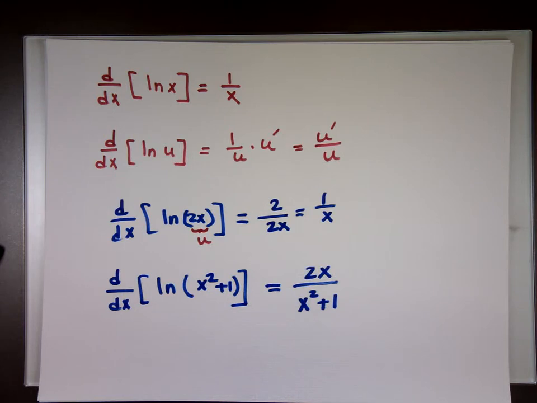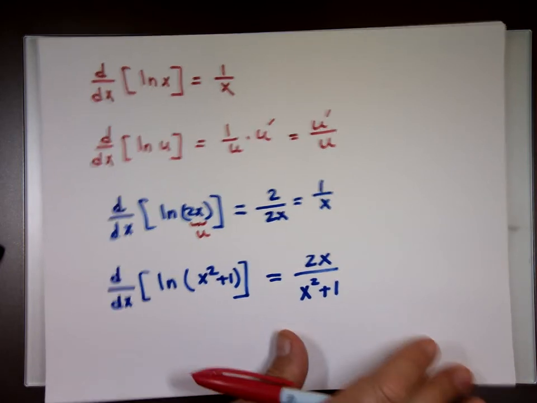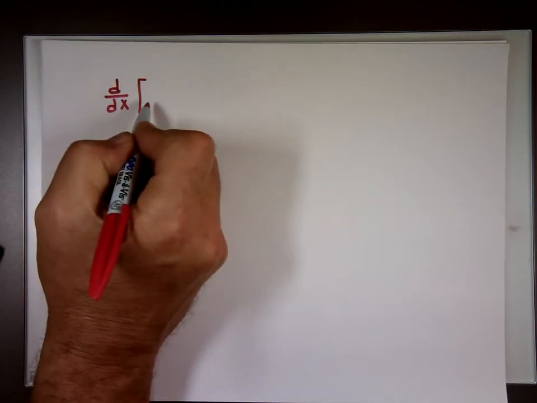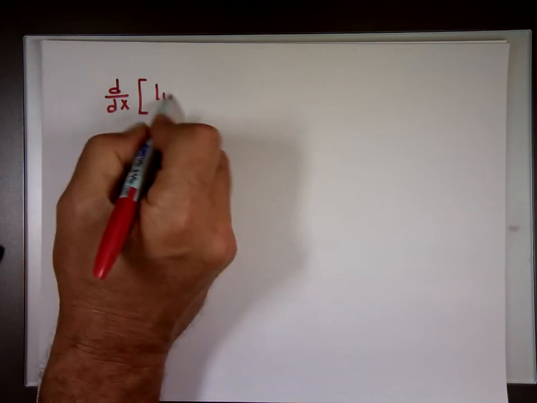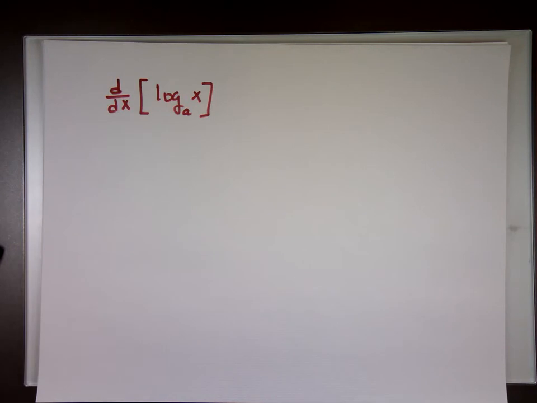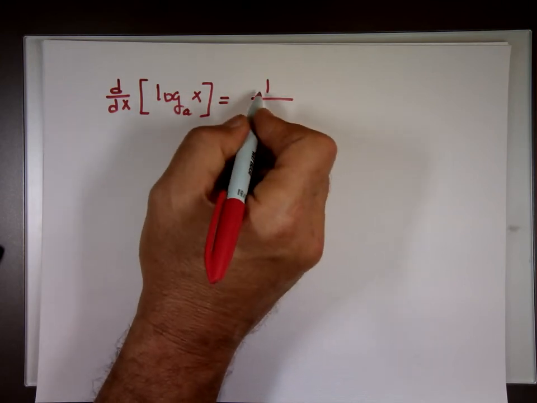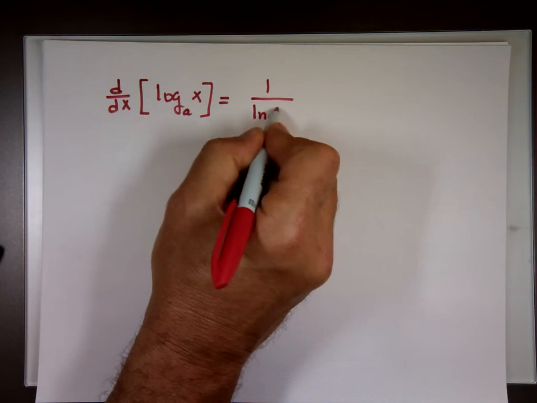And the last one, what about if it's not the natural log, the log of any base? The derivative d/dx of the log to any base, does not have to be the common log, is 1 over the ln of a times x.